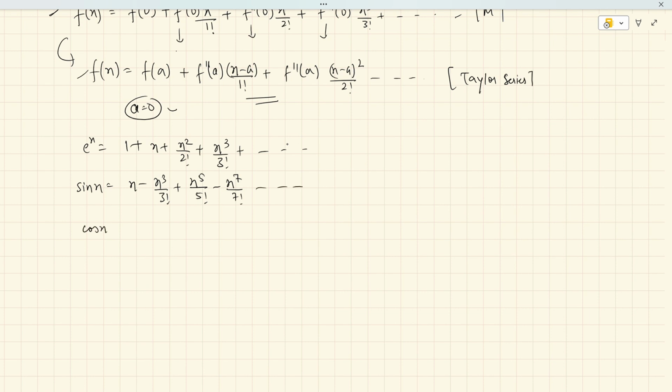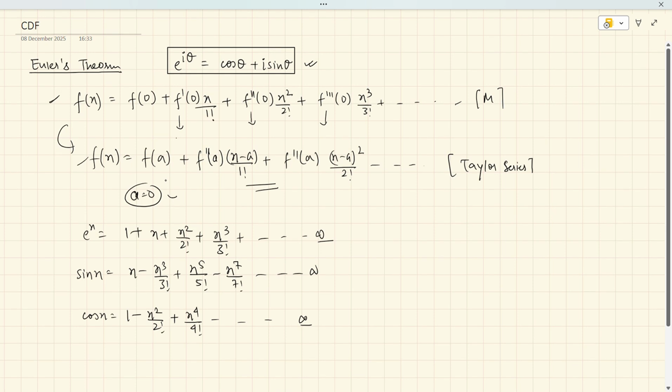And similarly for cos x, it is 1 minus x square divided by 2 factorial plus x to the power 4 divided by 4 factorial and so on, with alternate plus and minus. How can I write this equation?